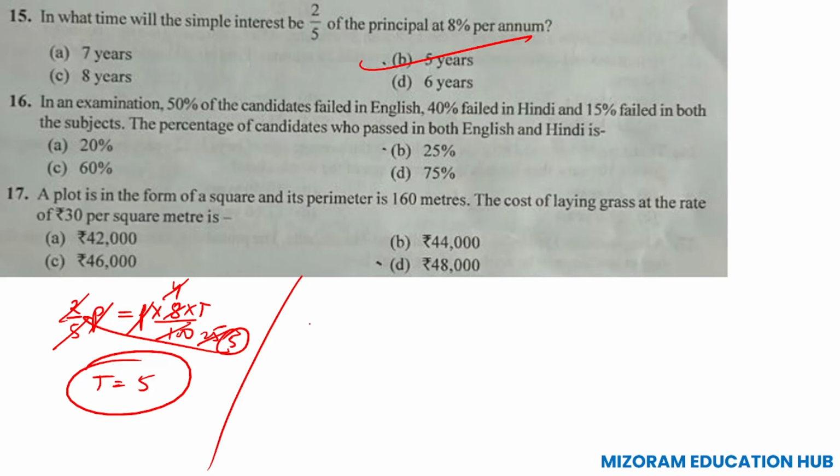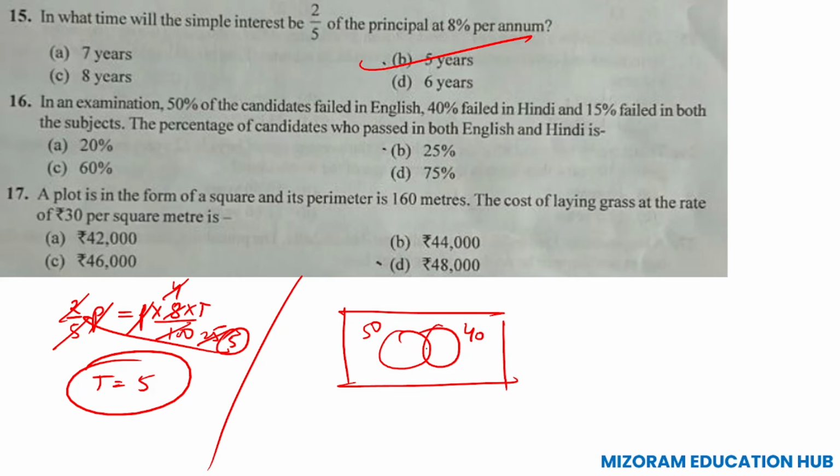Now in an examination 50% of candidates failed in English and 40% failed in Hindi. So 50 and 40 add up, and the intersection point represents 15% failing both. Candidates who passed in both English and Hindi: purely fail in English will be 35, purely fail in Hindi is 25.